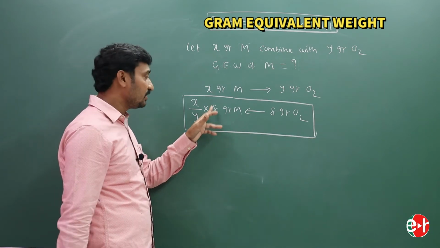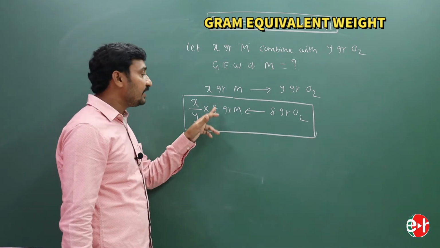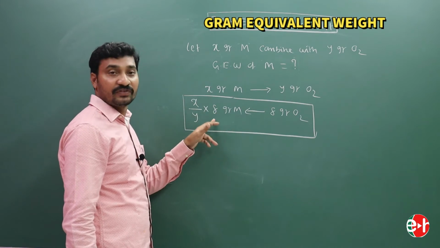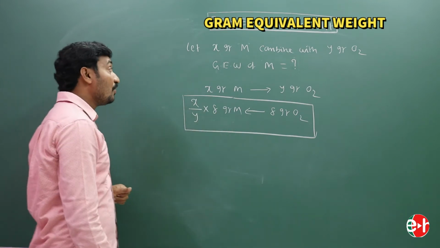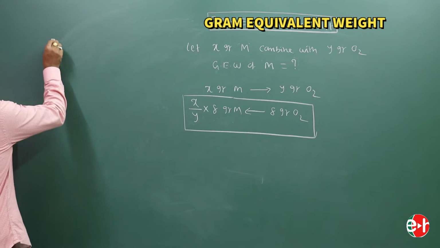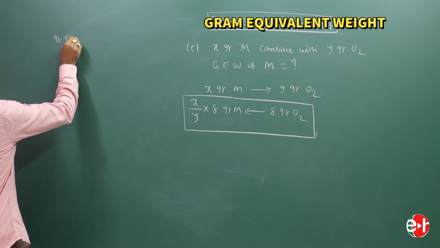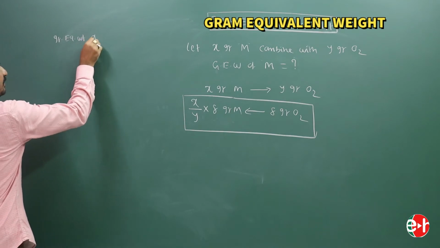In terms of hydrogen, here 1 will come. In terms of chlorine, 35.5 will come. Finally, what is the formula?